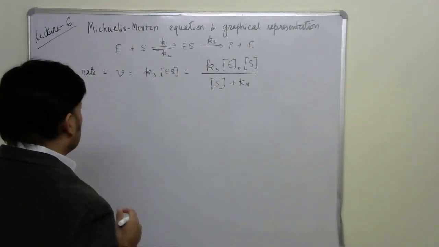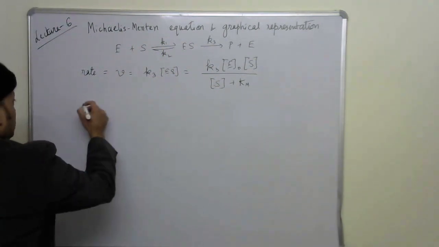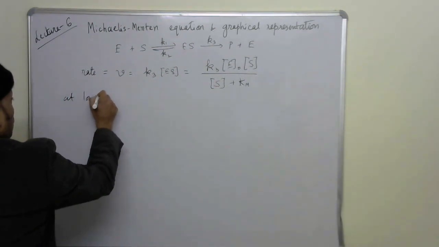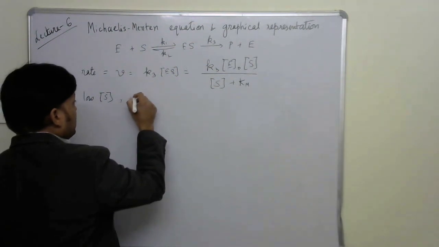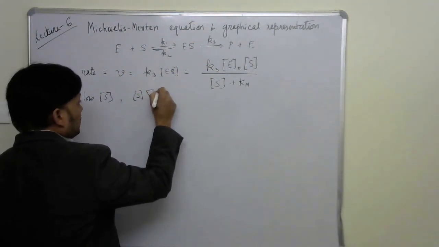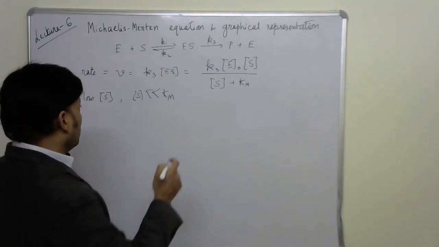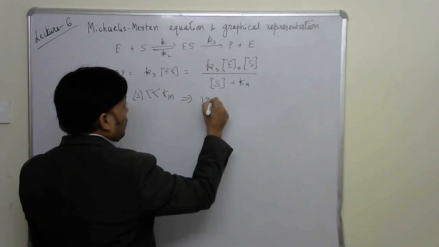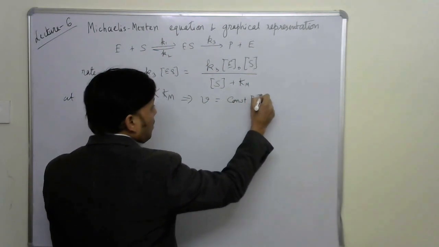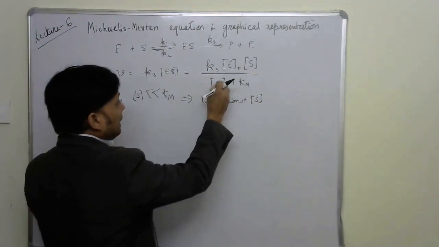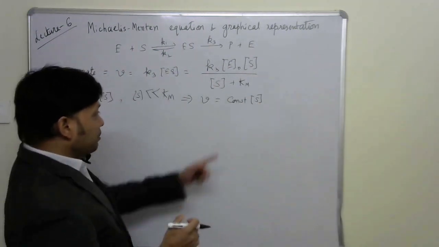Okay, let's start. If you look at the equation, we can interpret that at low substrate concentration, when the substrate is so low that it can be neglected with respect to the Michaelis constant, whatever its value may be, then the velocity is some constant multiplied by the substrate concentration, because if we neglect that term, everything becomes constant except the substrate concentration.